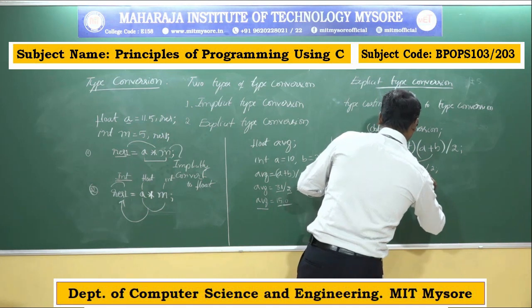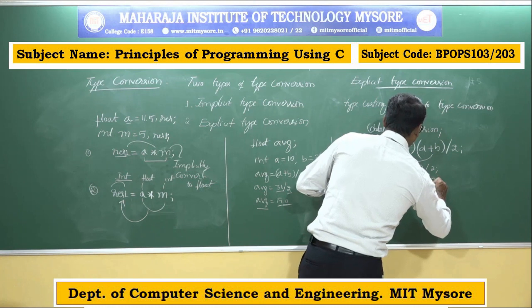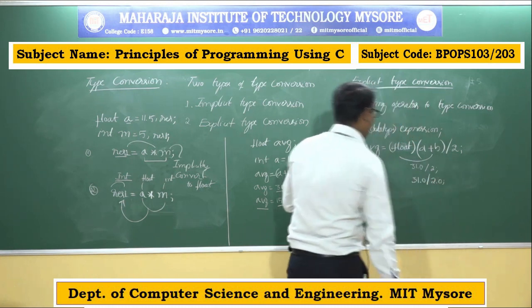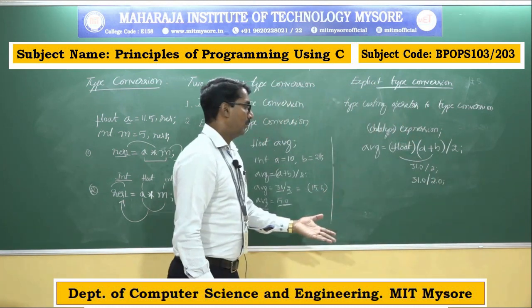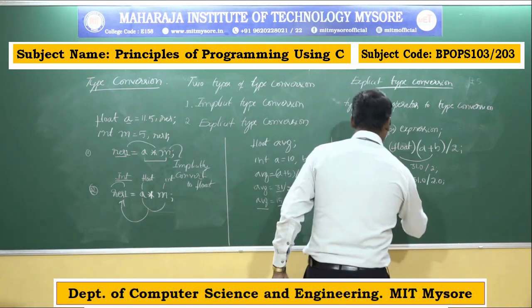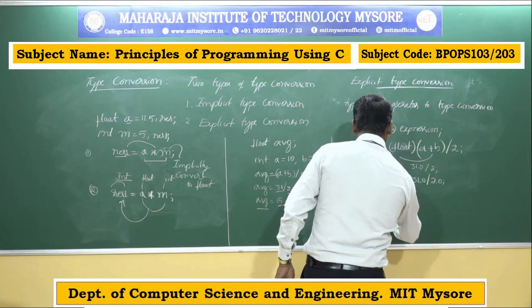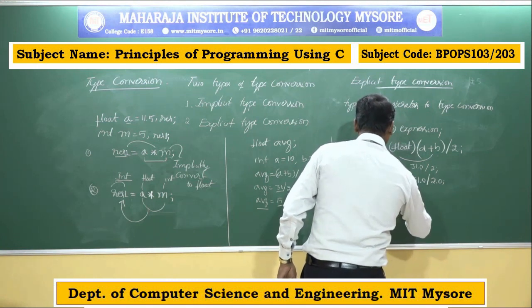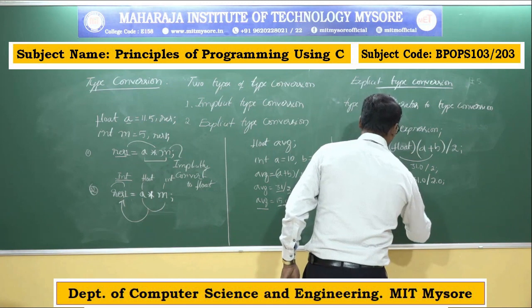Next, this will be 31.0 divided by 2.0. Now both are of floating point type, and the output will be avg is equal to 15.5.